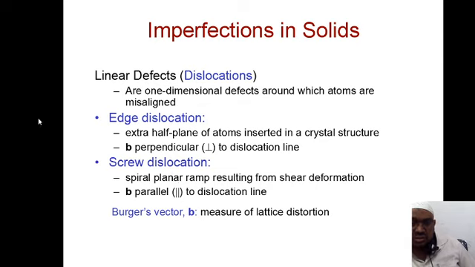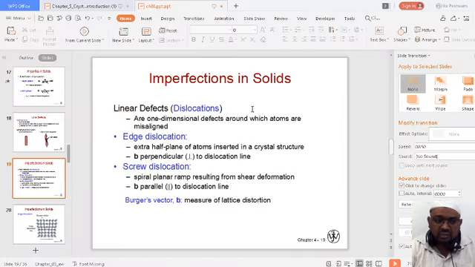The combination of these dislocations is described mathematically by the Burgers vector, which gives us the exact measurement of the distortion in the arrangement of the atoms inside the crystal. When it is a one dimensional observation of a defect, that is called dislocation. We will definitely have a very clear idea regarding this.